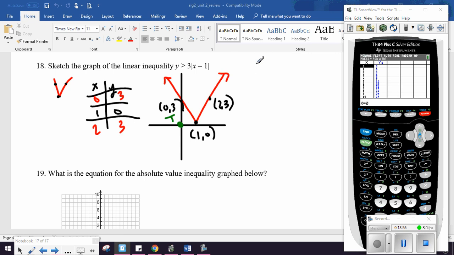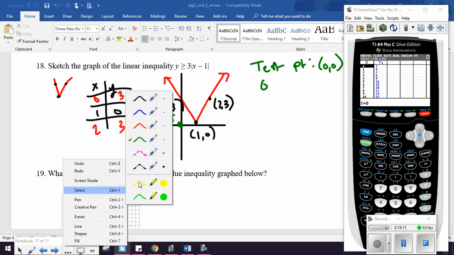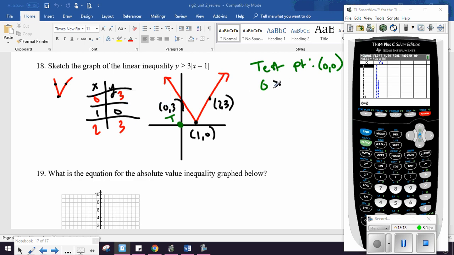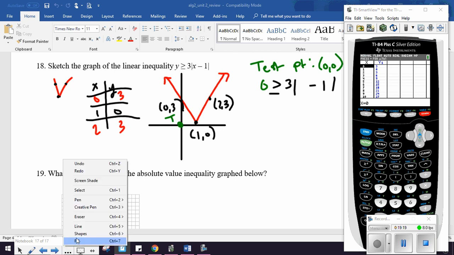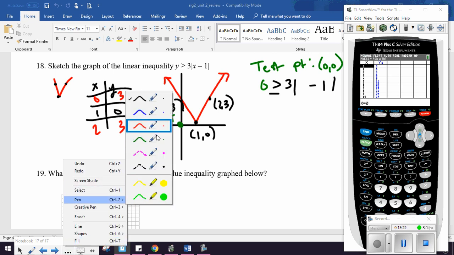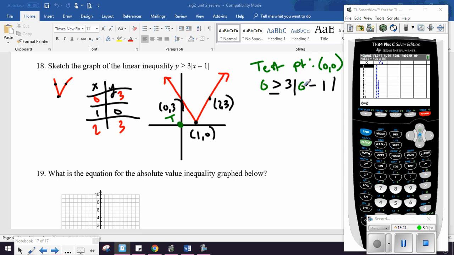Now when we use our test point, we substitute it into the original equation or inequality. So that would be 0 is greater than or equal to 3 absolute value of x minus 1, where I'm turning x into 0 as well.